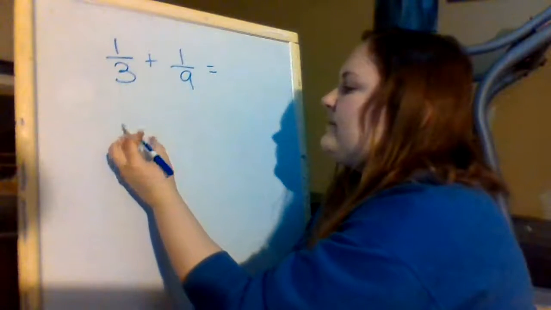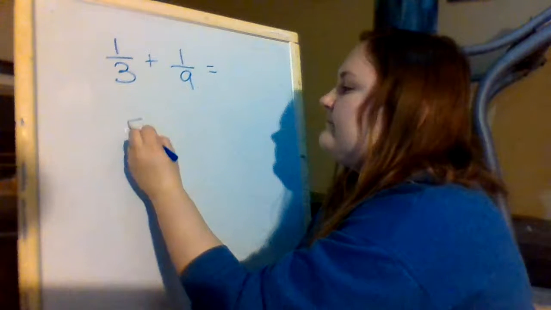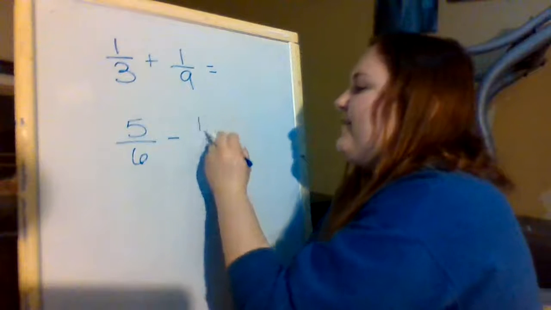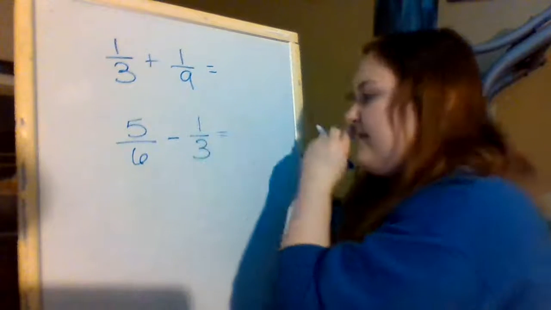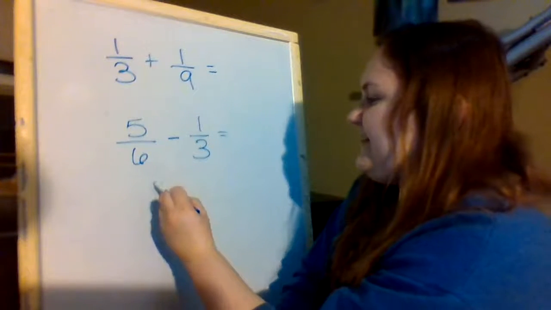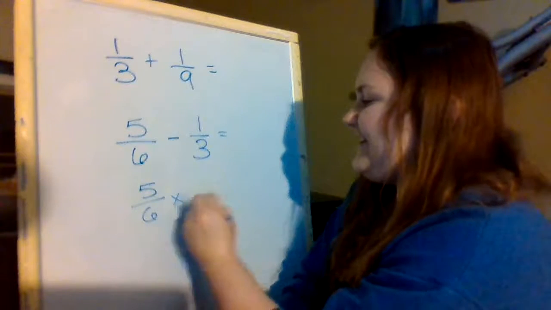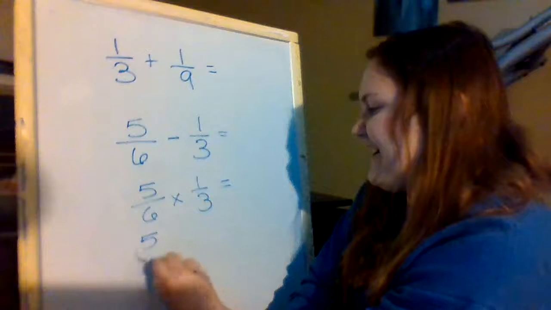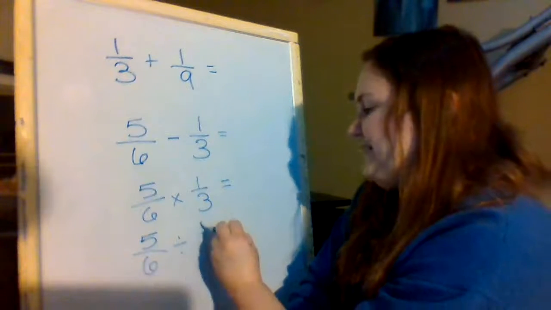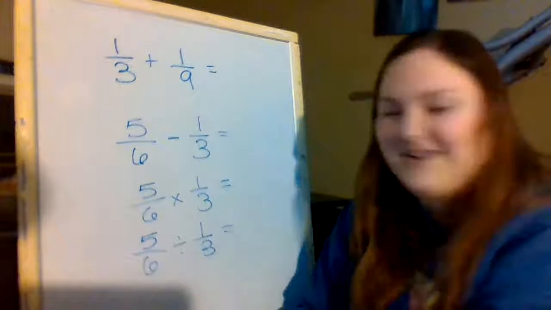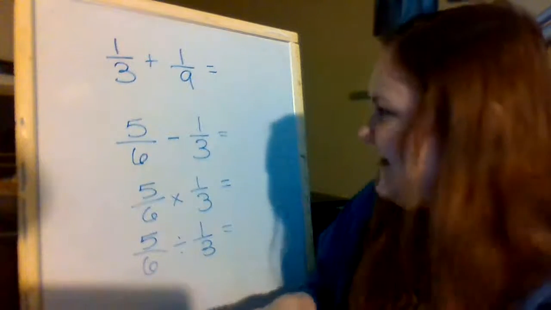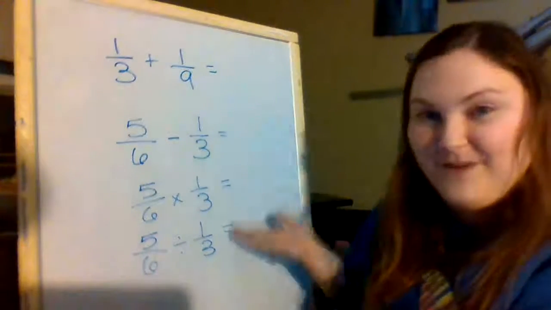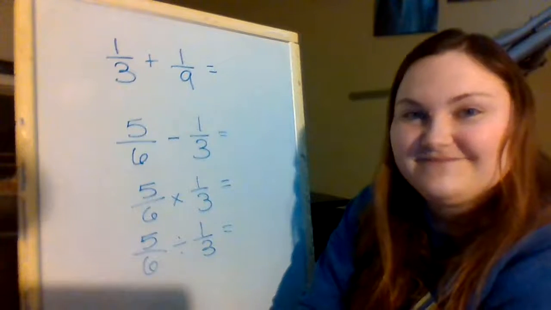Let's do 5/6 minus 1/3. And then let's do, how about 5/6 times 1/3? And 5/6 divided by 1/3. I got lazy at the end. So go ahead and pause this video, try these 4 problems, and then I'll give you the answers.